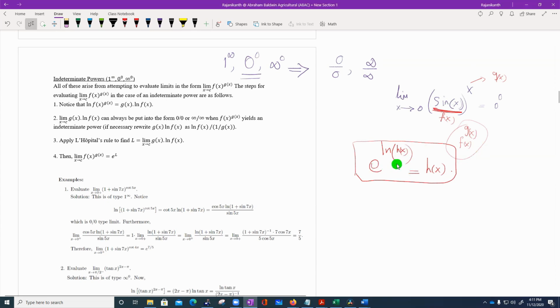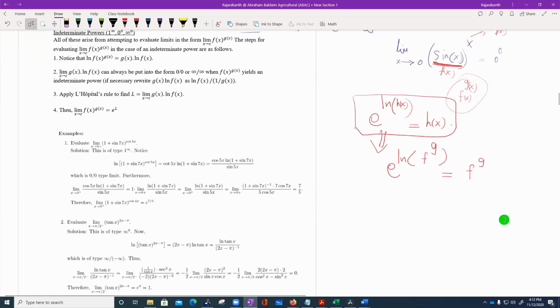That means if you apply this result here, you could rewrite e to the power ln of f to the power g function as f to the g function. Okay? So this is a very basic property we have for exponentials. If this is the case, now what do you want to do? You want to use some log properties. Okay?